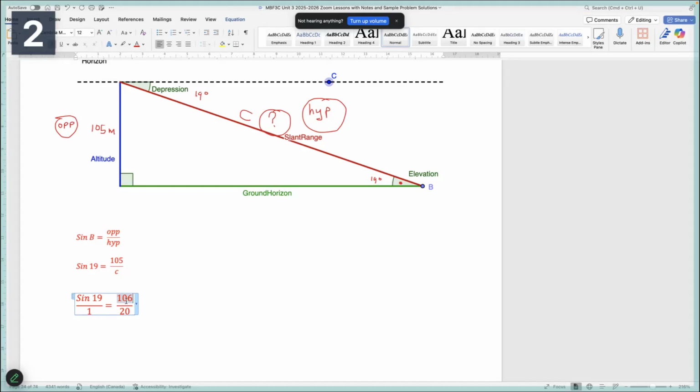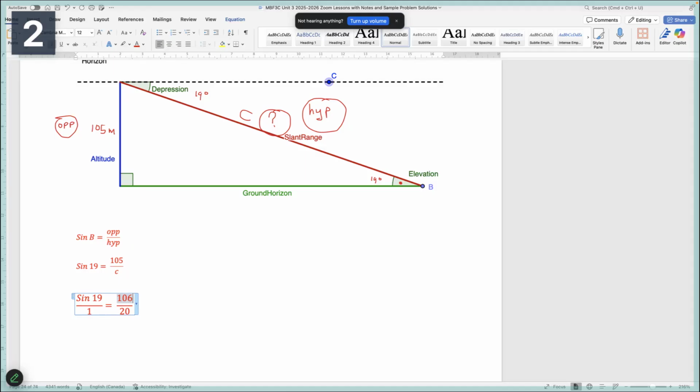So when we do the division now, we'll get C. And make that go on the left again.